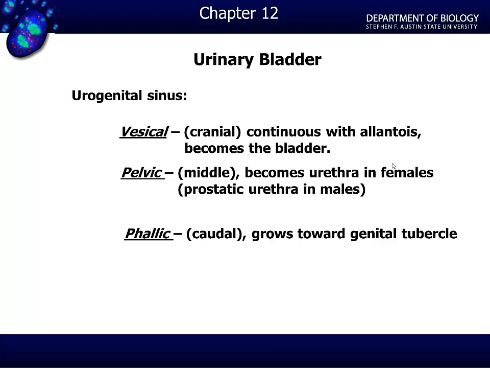It's going to become the urethra in females, and specifically the prostatic urethra in males. And then lastly, the most caudal portion, the part that's closest to the cloaca, is considered the phallic portion, and it's going to grow toward and become a part of the genital tubercle, which is going to be the beginnings of the formation of our external genitalia.